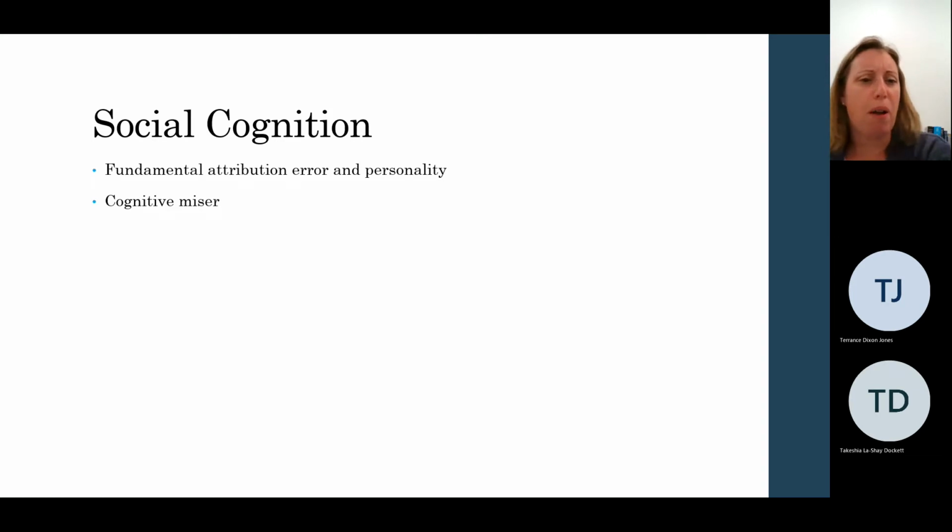And lastly, somebody asked about the cognitive miser. So the cognitive miser is a component of the mind, basically, that leads us to try to avoid extra thinking. We tend to describe it as being more about actively avoiding thinking too hard.